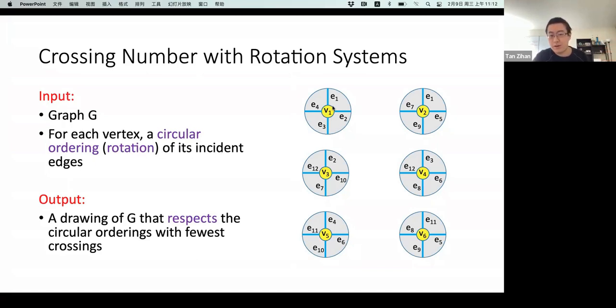For example, v1 is incident to these 4 edges, and we place a circular ordering E1, E2, E3, E4 on them. The output is a drawing of G that respects the circular ordering with fewest crossings. Basically these edges must enter this vertex in the drawing in this order. This is the crossing number with rotation system problem.